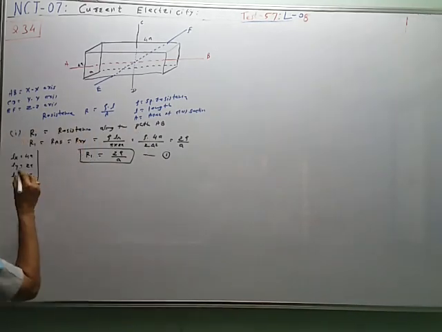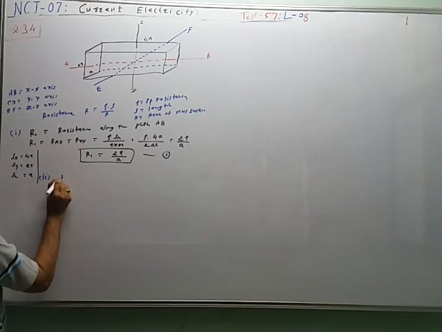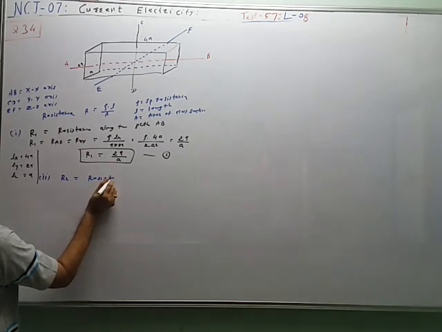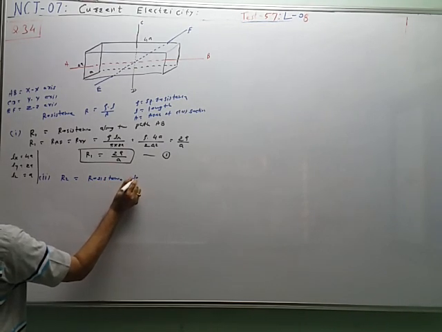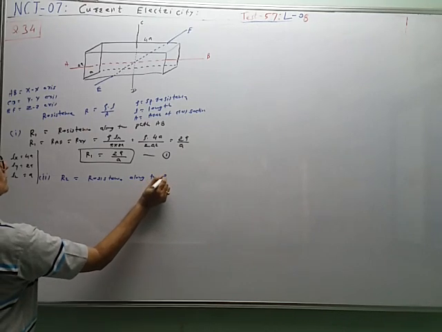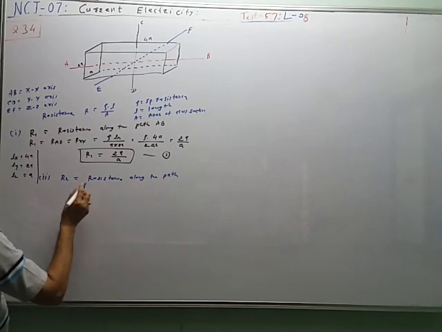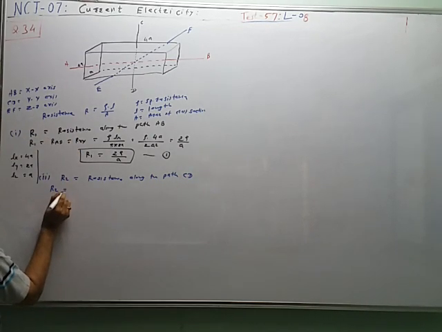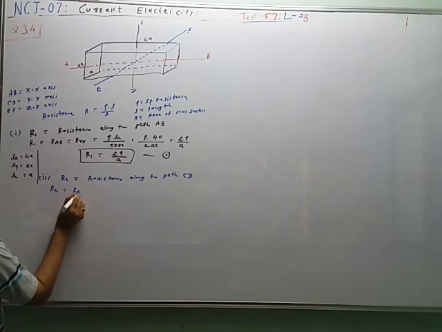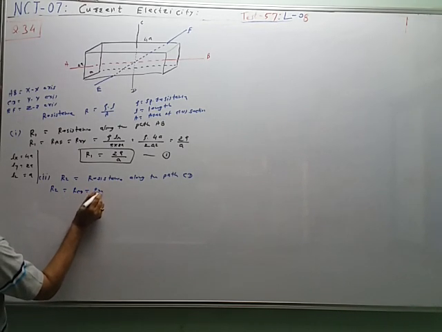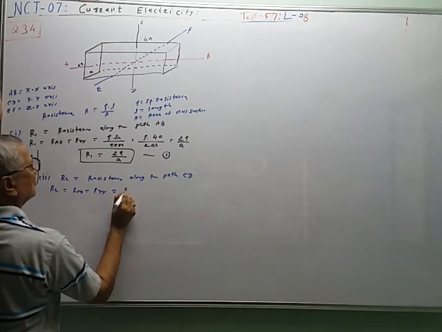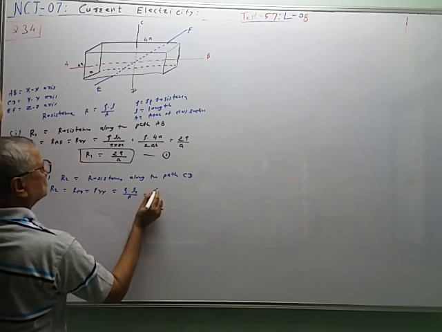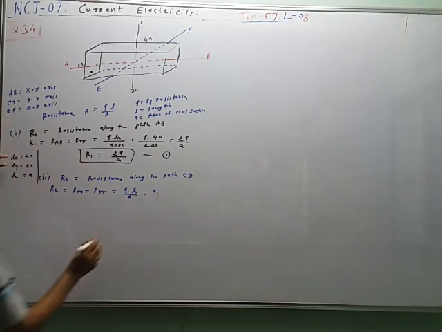Second, R2 is the resistance along the path CD. Therefore, R2 is equal to R_CD, which is equal to R_yy, which is rho into Ly upon the area.